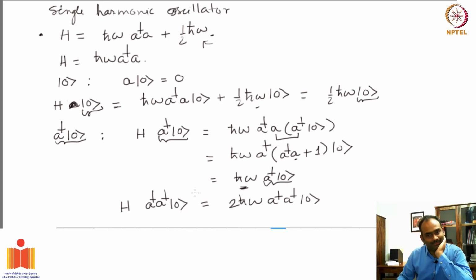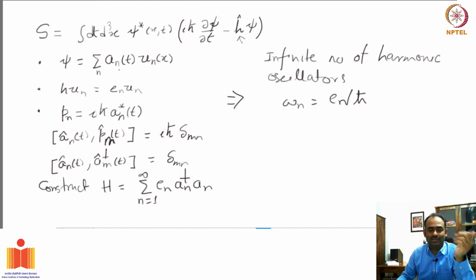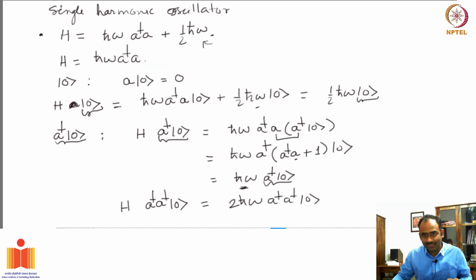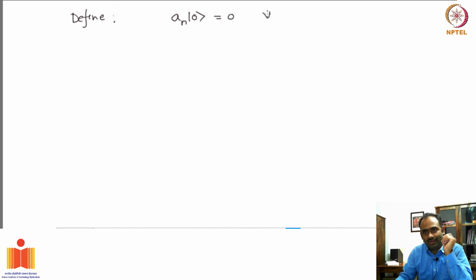Now we can use the same thing in our present context, because our system is after all a sum of lots of harmonic oscillators and they are not talking to each other. So this formulation, this method will work. So what we do is we define a ket 0 to be that state which is annihilated by every a_n. So a_n ket 0 is 0 for all n.